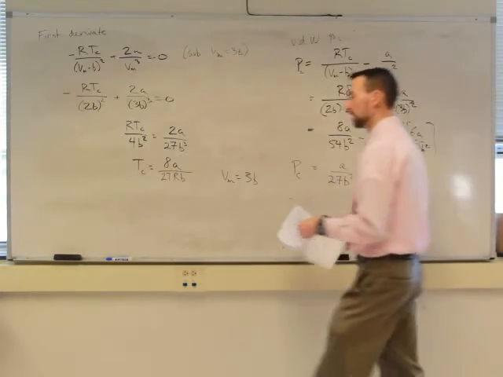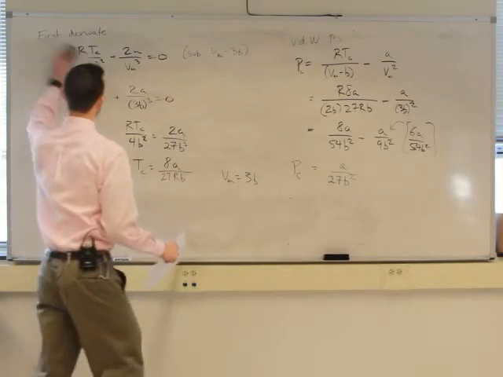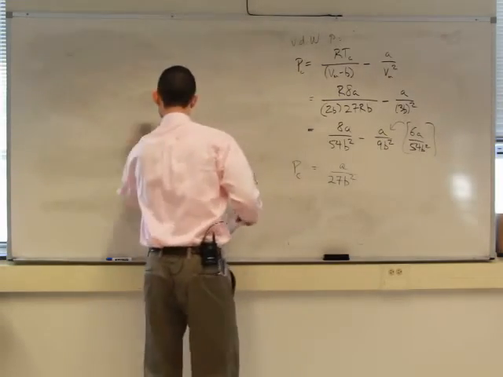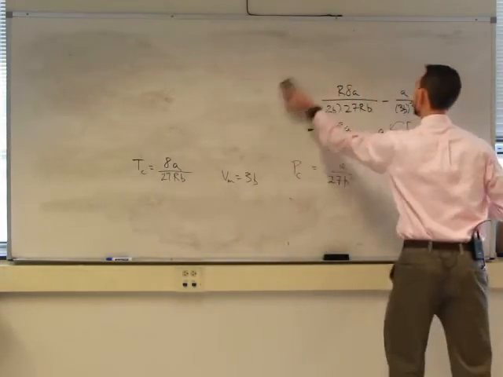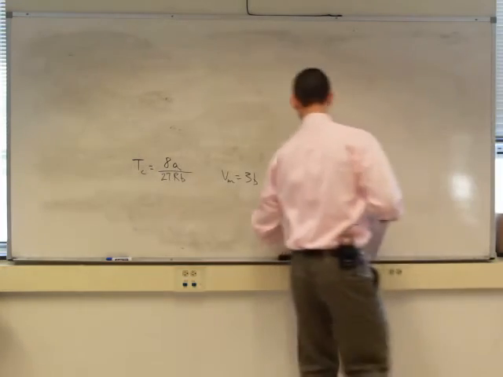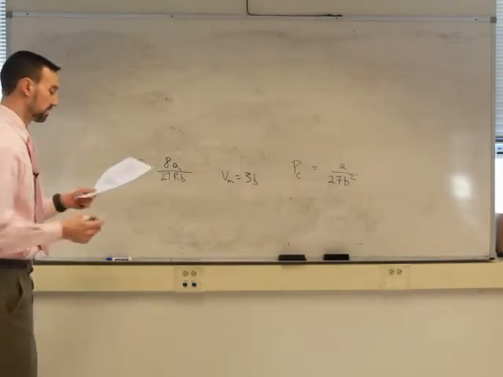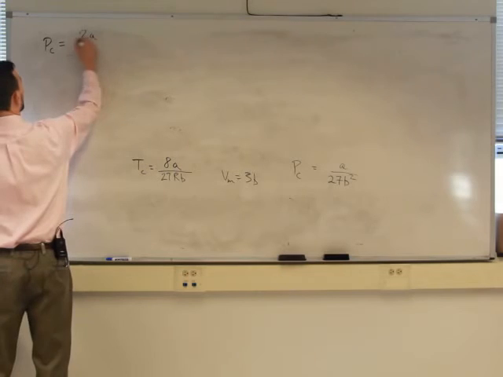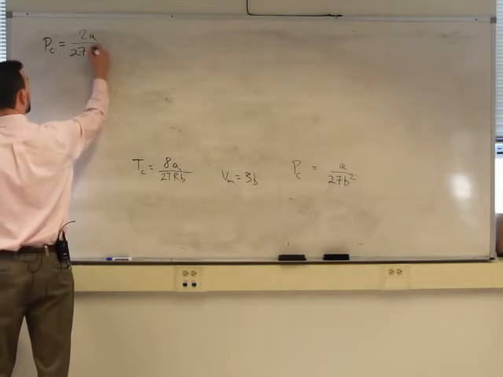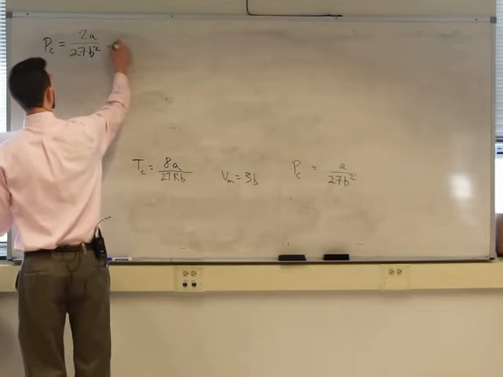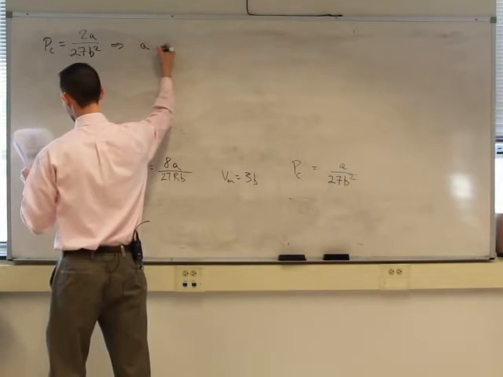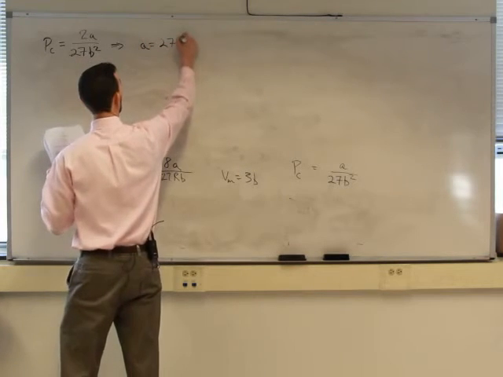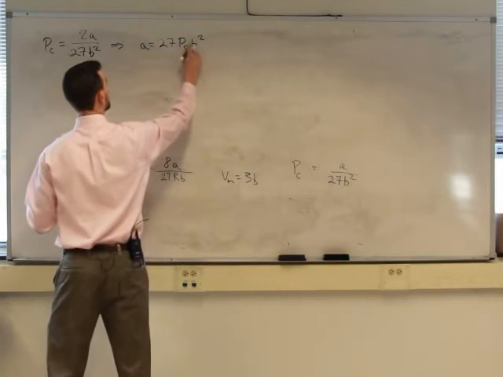Okay? So in order to get A and B, got just a little more algebra to do, where we're going to have to do some substitution of these values into one another. So working with the critical pressure, from the critical pressure being 2A over 27B squared, we can temporarily say, all right, well, A would equal then 27 times the critical pressure and B squared.